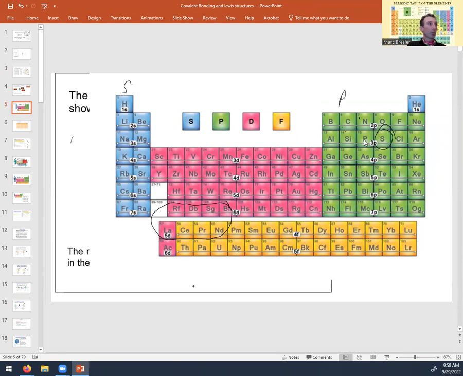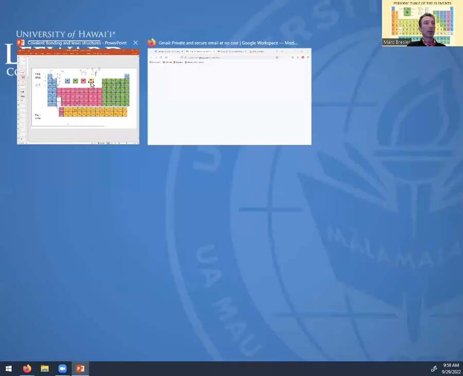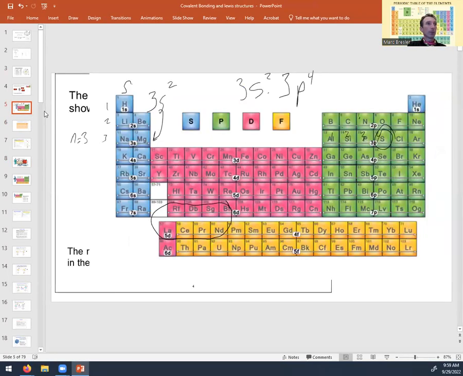And if you look at the n equals 3 row, 1, 2, 3, there's 3s2 electrons for up to magnesium, and then 1, 2, 3, 4, 3p4. So 3s2, sorry, 3p4. That'd be sulfur. So if you look at these here, you can see the valence electrons. So 4 plus 2 is 6.